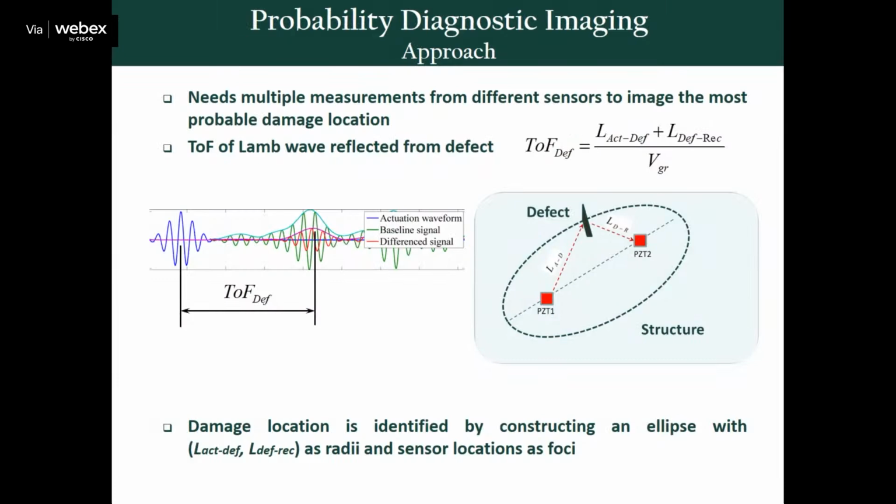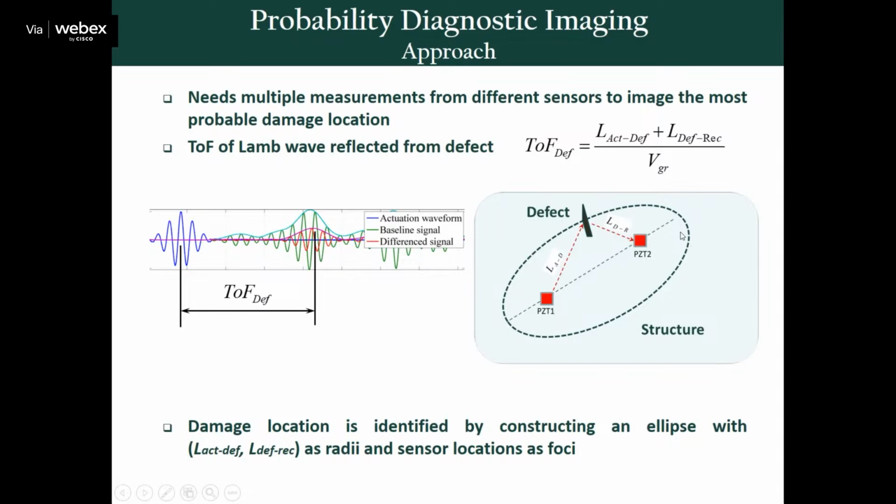So what is PDI? Simply speaking, if you place two PZT sensors at these two locations, an ellipse is constructed here, and the sensors are located as foci here, PZT1, PZT2.